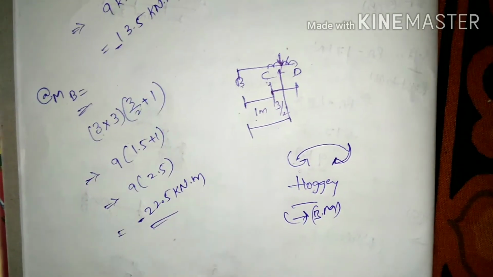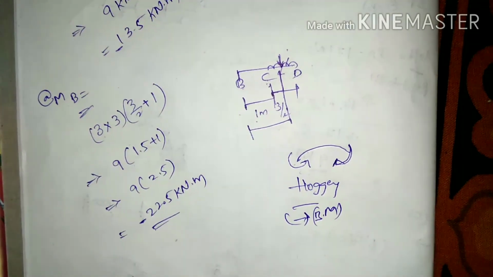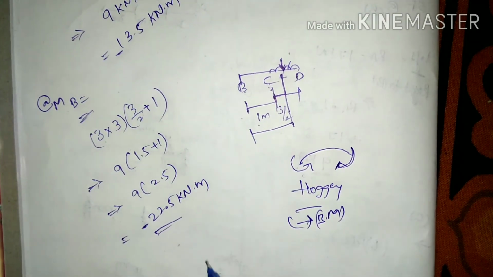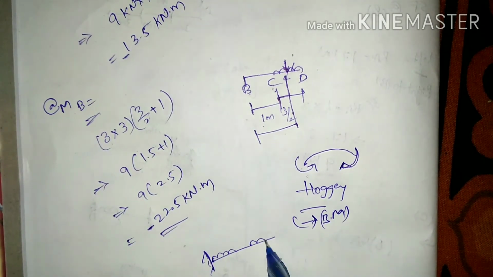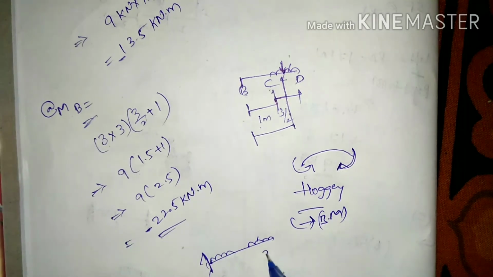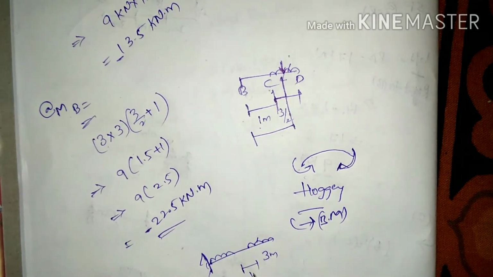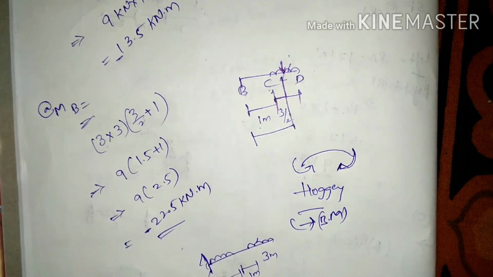Here, moment about A, similarly we are going to take in the same manner. Here it is 3 kN per meter, this is 3 meters, this is 1 meter and this is 2 meters.